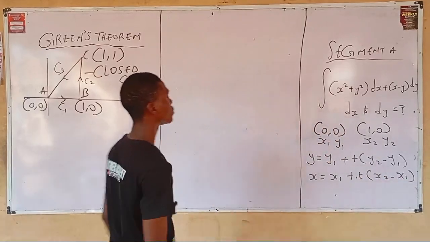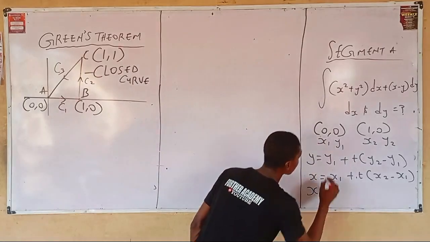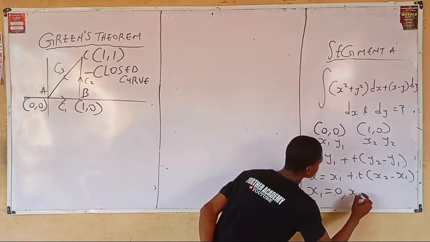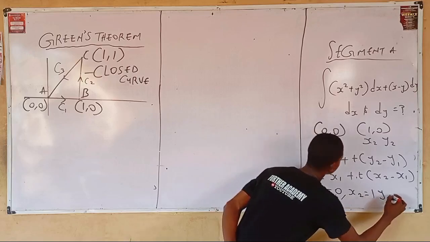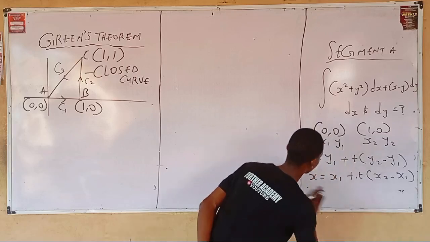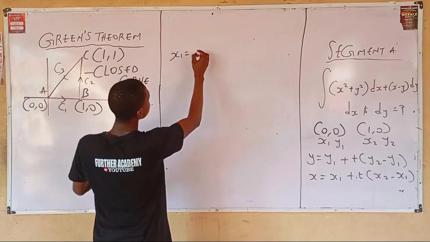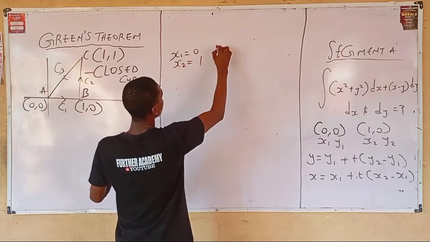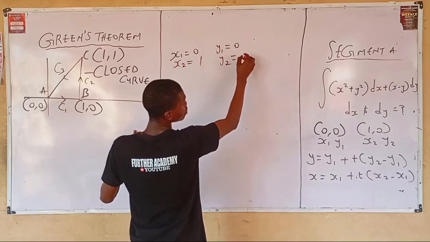Right? Now let's substitute. From here, x1 is equal to 0, x2 is equal to 1, y1 is equal to 0, and y2 is equal to 0.